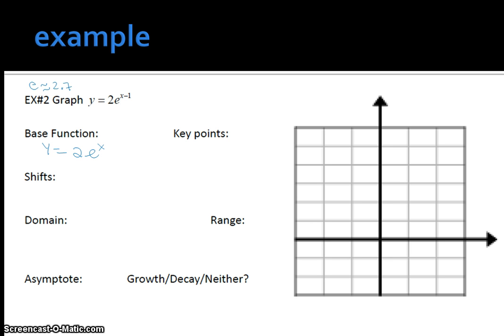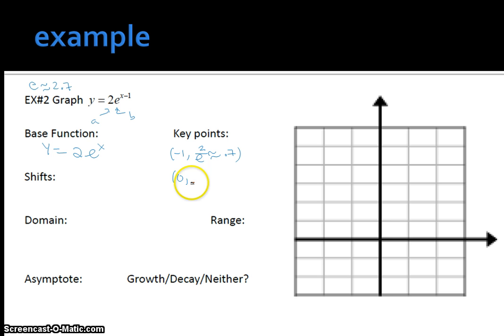The key points we are going to use are minus 1, comma a over b. So my a is 2 and my b is e. So my a over b is 2 over e, which is about equal to 0.7. Remember, e is about 2.7.